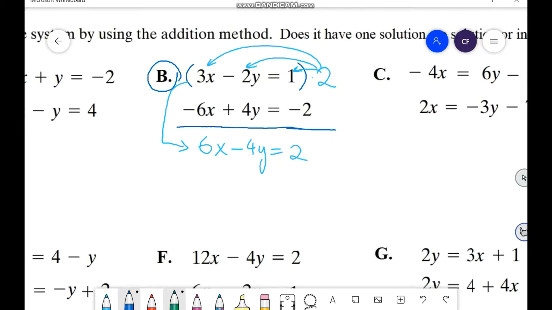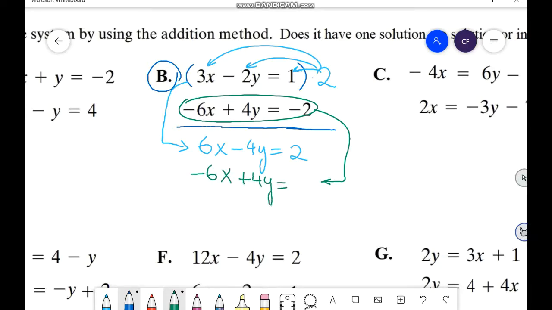Now repeat this one. Negative 6x plus 4y equals what? Negative 2. And let's add. 6x, we eliminated y. That was our objective, right? Eliminated y, 0. But we end up eliminating x as well. We eliminated this too.